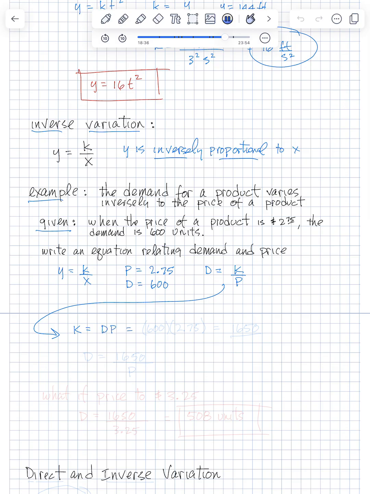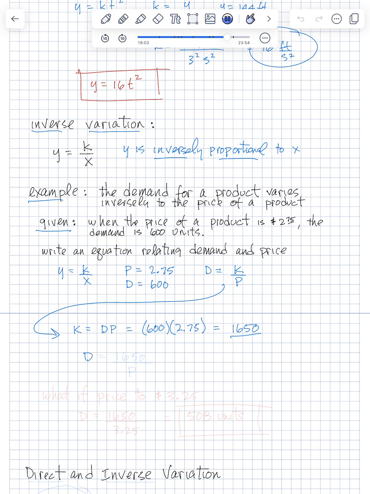So then just plug in the numbers. 600 times 2.75, and that gives you 1650. So now that you have your value of k, you rewrite the original equation, substituting in the value.